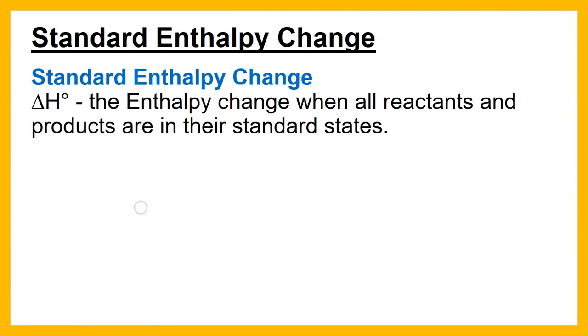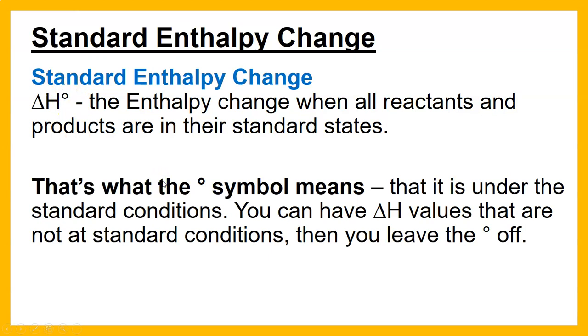So the standard enthalpy change is the change in enthalpy when all of your reactants and products are in that standard state. If you notice, there's a little degree symbol up here. That little circle is telling you that you're using standard conditions and standard values. You can have enthalpies that are not at standard conditions.